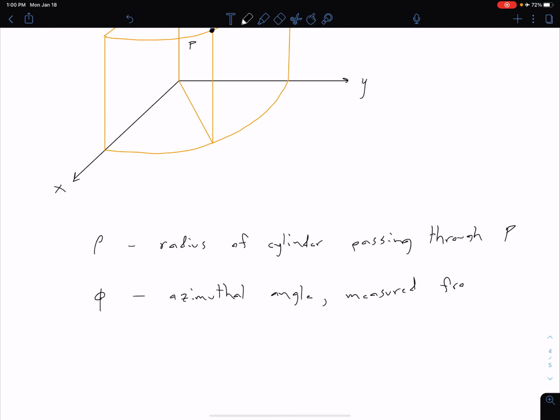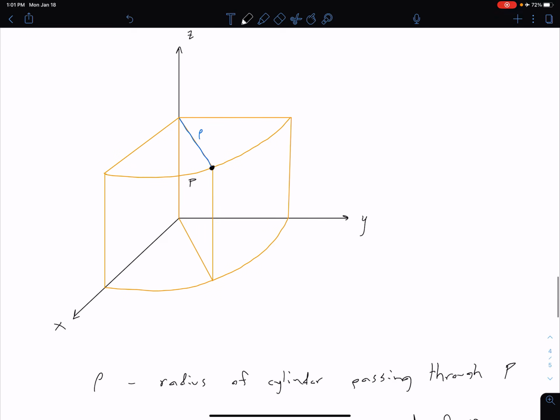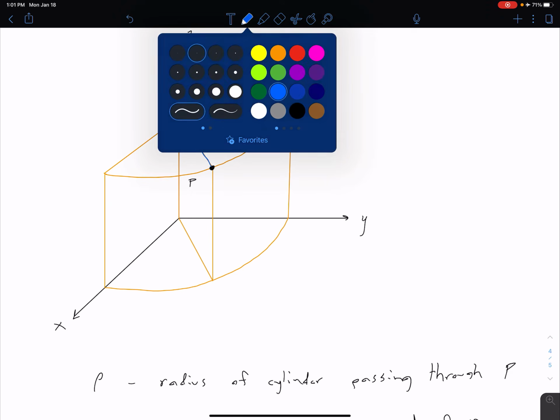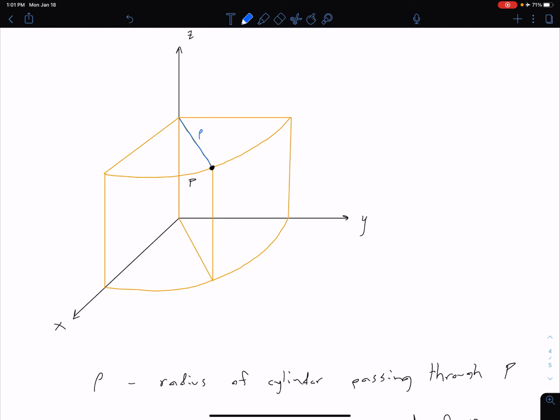Of course, our xy plane is everything down here without going up or down in z. And if we're measuring it from our x-axis, what we're essentially doing is going like this, out to this point.